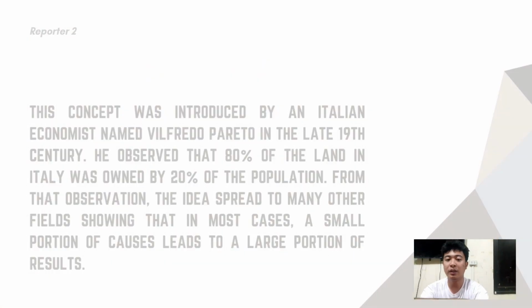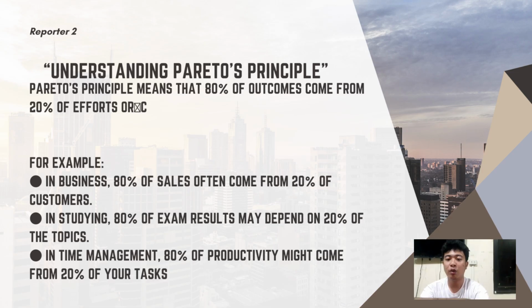To put it simply, Pareto's principle means 80% of results come from 20% of efforts or causes. For example, in a business, 80% of sales often come from 20% of customers. In studying, 80% of exam results will depend on 20% of the topics. In time management, 80% of productivity might come from 20% of your tasks.